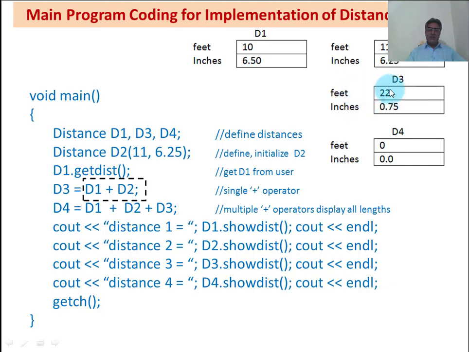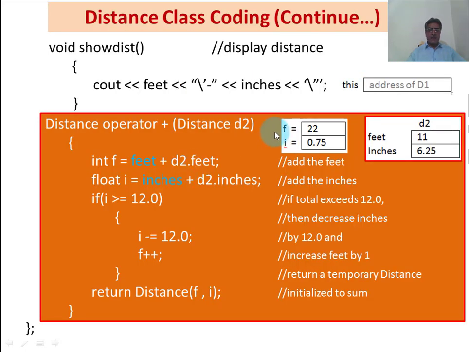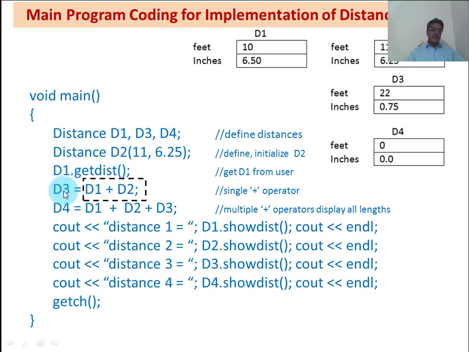The value of F is stored in feet, and the value of I is stored in inches. You may see here the value of F is 22 and I is 0.75. So here the return value will be assigned to D3, and D3 will store those values in its memory. You may see in the memory of D3, feet are 22 and inches are 0.75.